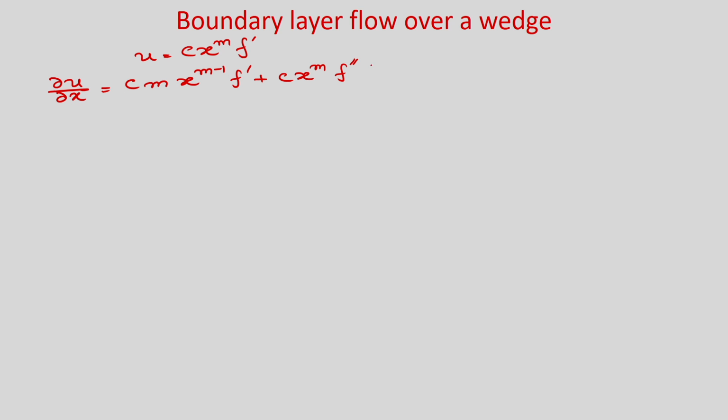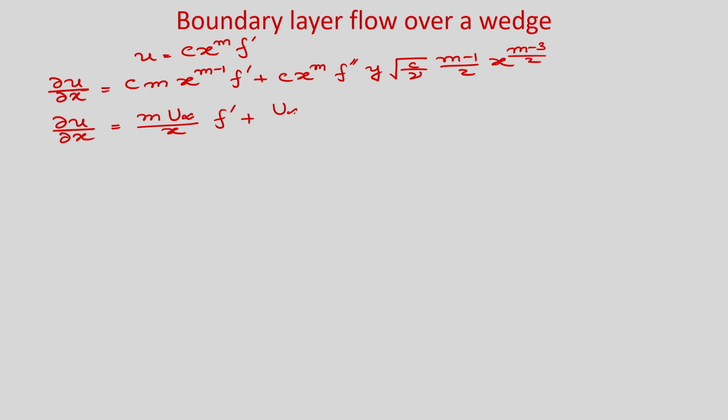So, del eta by del x if you write, so it will be y root c by nu, (m minus 1)/2, x to the power (m minus 3)/2, and if you simplify you will get del u by del x as m u infinity divided by x f prime plus u infinity by x f double prime. Here you can write eta (m minus 1)/2.